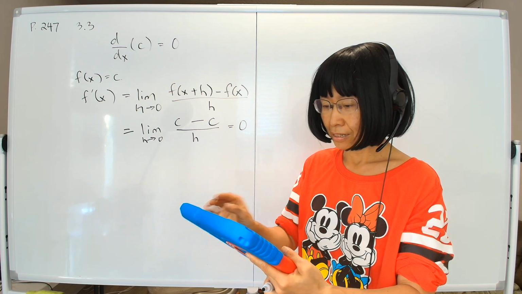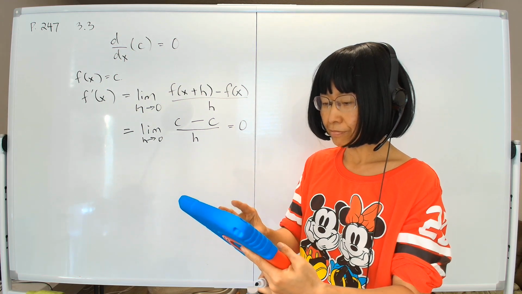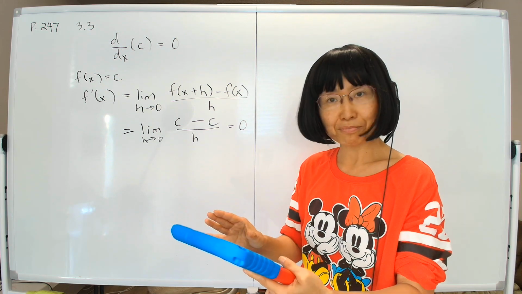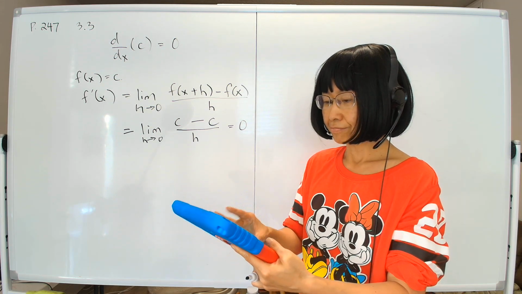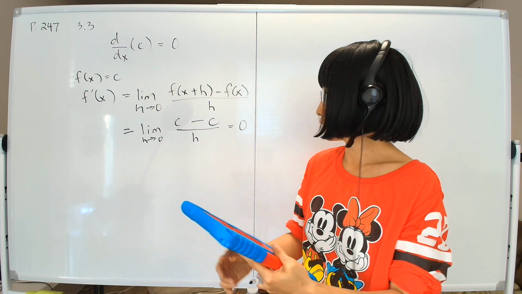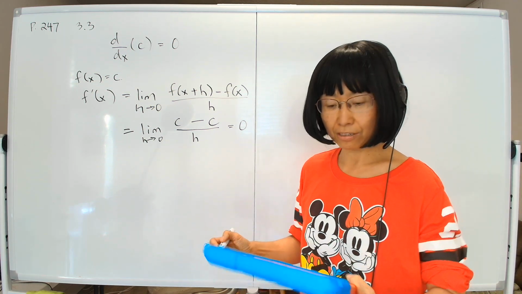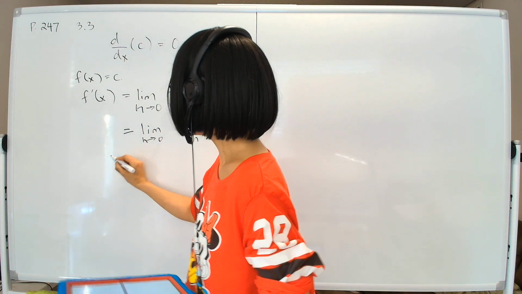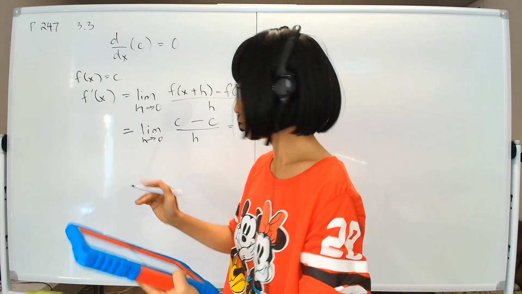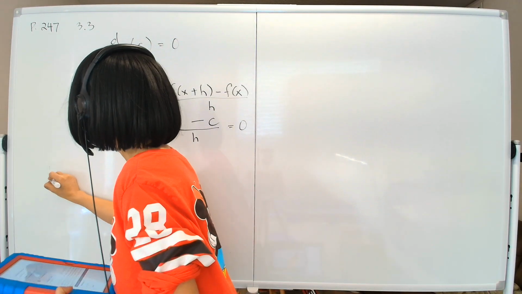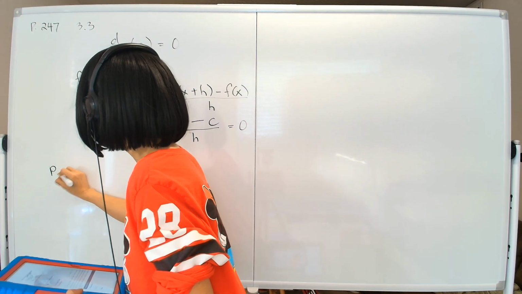Next, the power rule. But before we do the power rule, I guess we will do example 3.18, which is where we take the derivative of x cubed. This is example 3.18, which is on the next page, page 248.